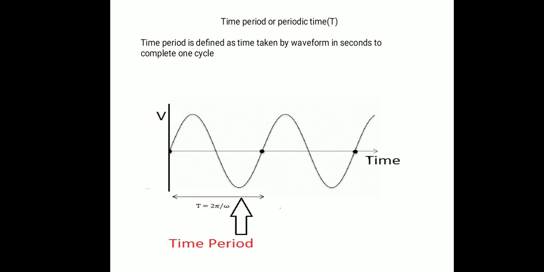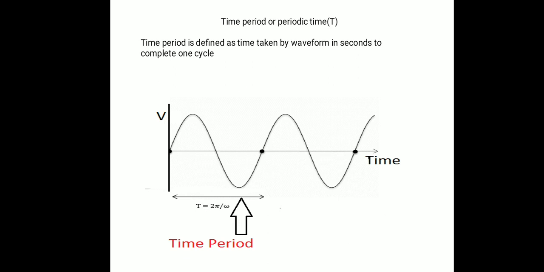Next one is the time period or periodic time, and the notation is T. Time period is defined as the time taken by a waveform, in seconds, to complete one cycle. So to complete one cycle, that sinusoidal quantity needs some time. That time required to complete one cycle is called the time period. So one cycle consists of a positive half part and a negative half part.